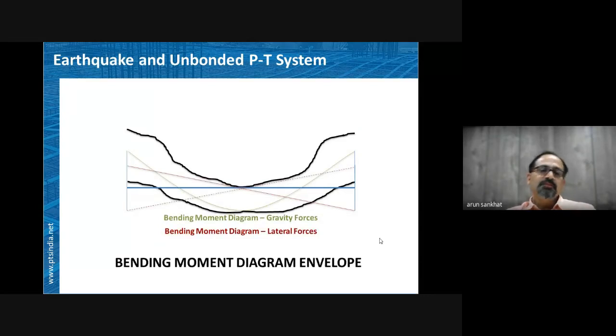After superimposition, you can add on the negative part, the positive part, and then the negative part. So this is the upper envelope, and this would be the lower envelope of the bending moments of all the load cases, including the gravity forces and the lateral forces.